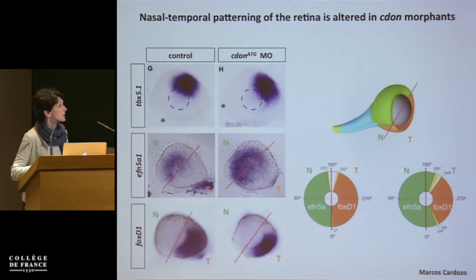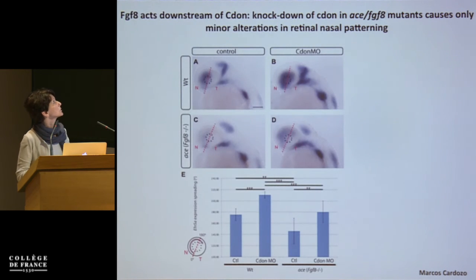in an indirect way the FGF signaling, which is further supported by the fact that if one knocked down Kidon expression in FGF mutant, the ATHE mutant in zebrafish, there is basically a rescue of the nasotemporal defect that the ATHE mutant have.